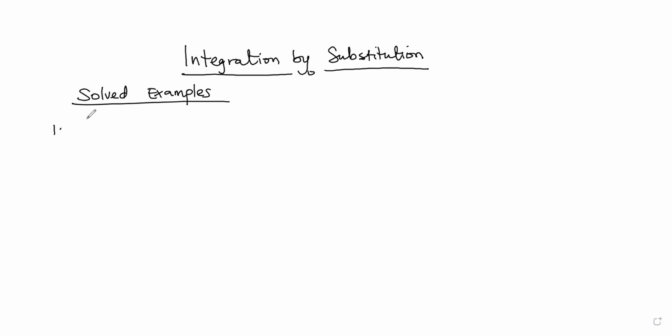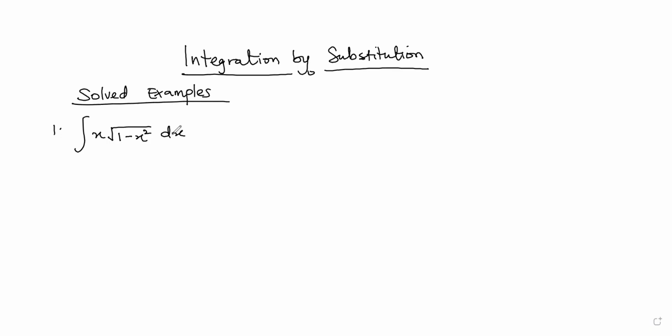So number one, if I have an integral of x square root of 1 minus x squared dx, how do I solve this question?